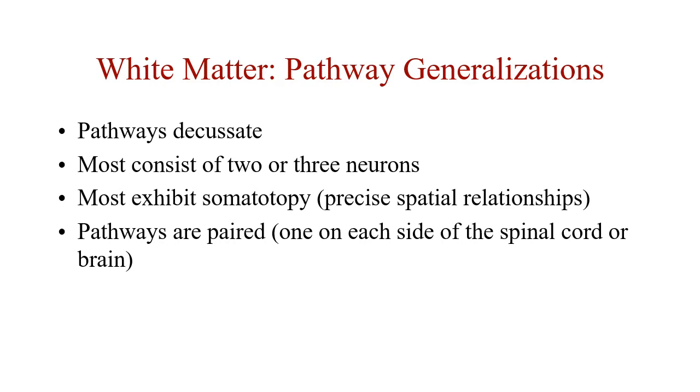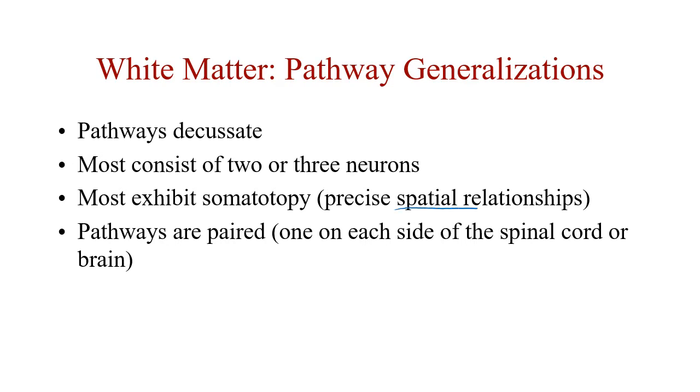So with the white matter, when we have information that is traveling up the cord as far as sensory information goes, this is going to typically run through 3 neurons. When we have motor information traveling down, this is generally going to travel through 2 neurons on its way back down as well. In addition to the information traveling in specific areas for motor and specific areas for sensory and then even visceral and somatic, we also have a precise relationship for the point on the body where we find this information.